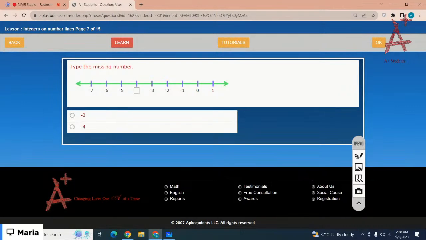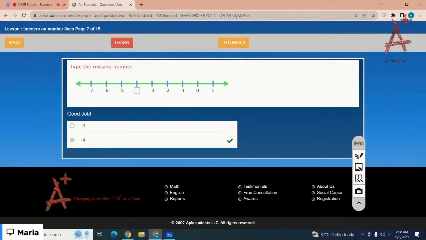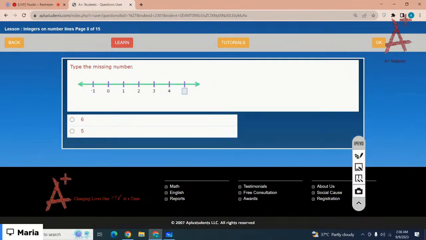Okay, type the missing number. So which number is missing? Yes, the missing number is -4, right? Type the missing number. So which number is missing? Yes, that is 5.